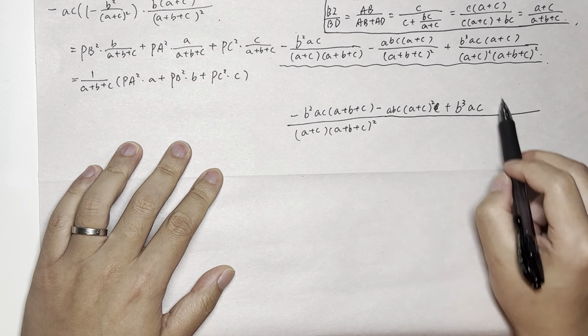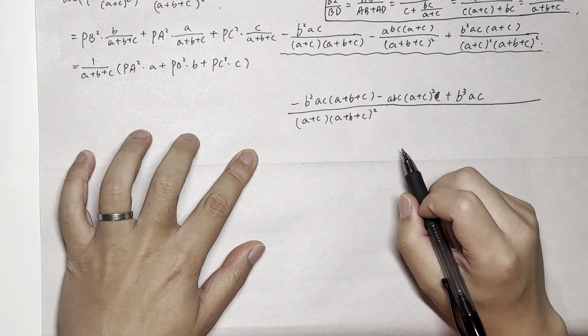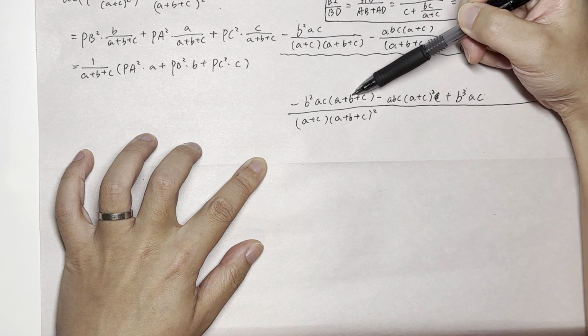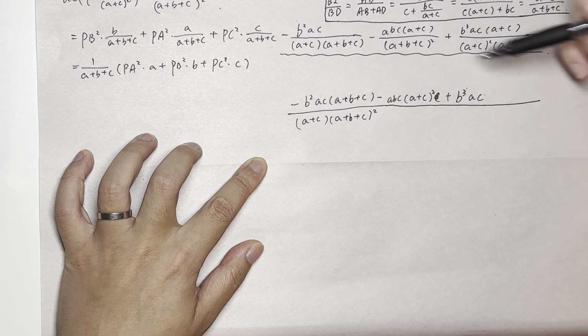Right, and let's simplify this one. See here, B to the power 3 AC, here B to the power 3 AC. So these two terms cancel each other. Here we just left A plus C, right?